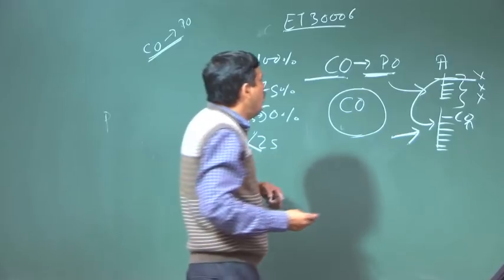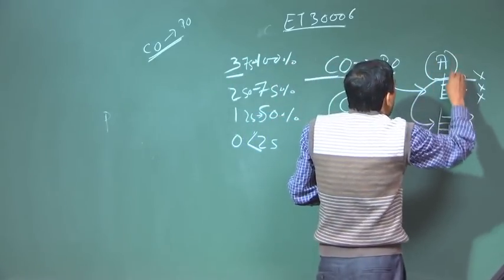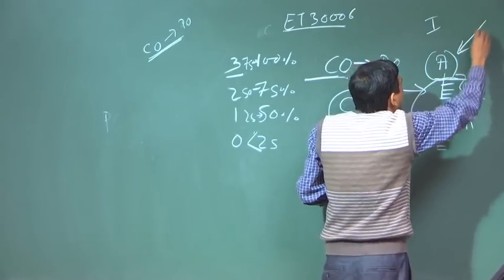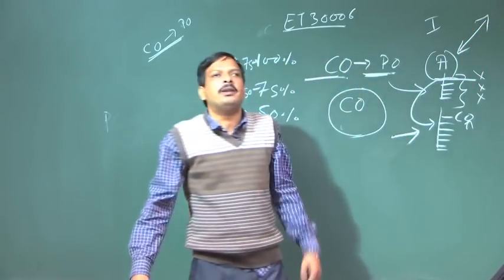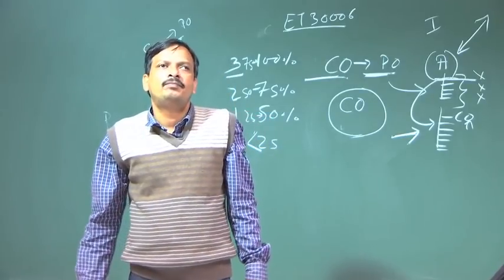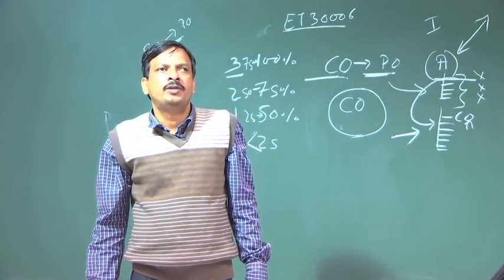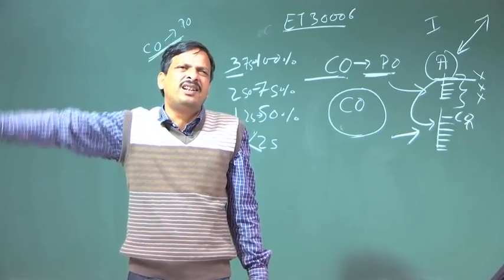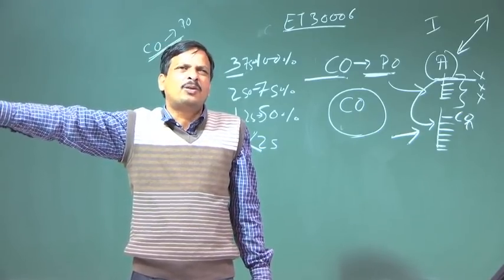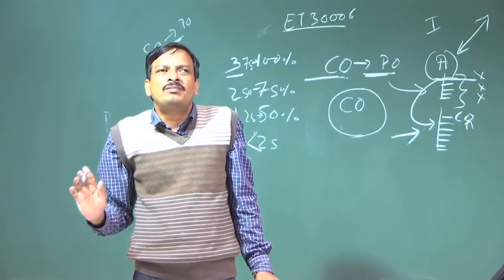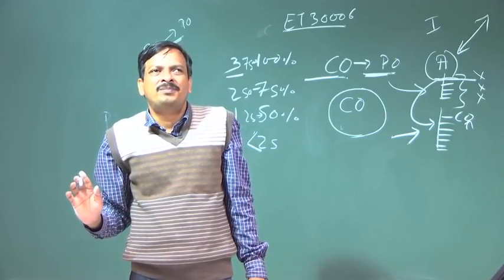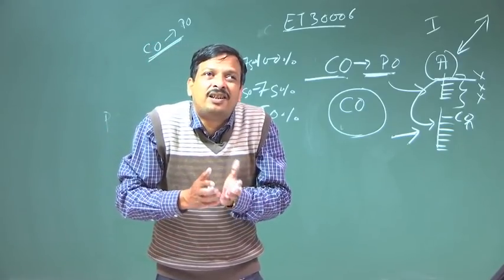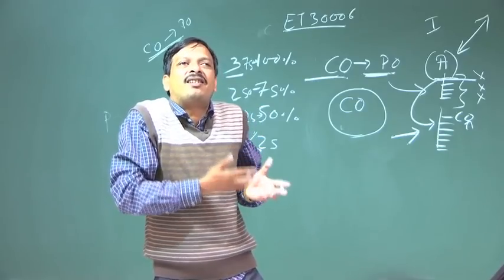So, I can say program A of institute 1 is always up to date with industry requirement. I cannot say that this program was designed in 1947 and is still taught, and this is an obsolete program, that will not come. So, this is the advantage of the learner centric approach. This is called the learner centric approach.